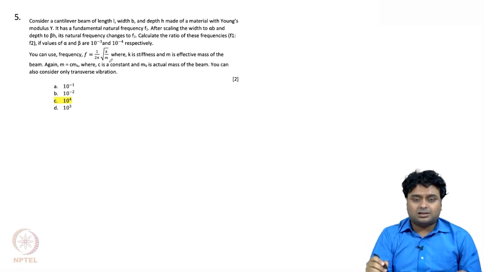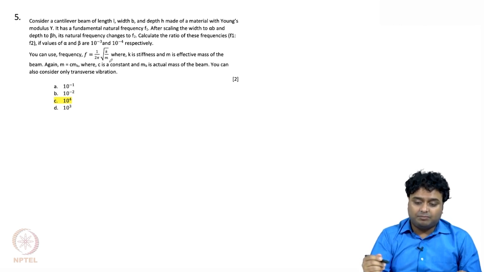So what you need to understand is that the actual mass and the effective mass, or lump mass, while vibration is not the same, because the stiffness also contributes to the inertia. So the effective mass and the actual mass of the system may not be the same.